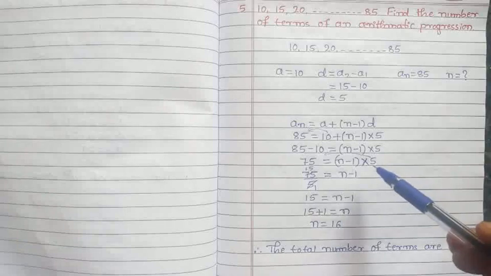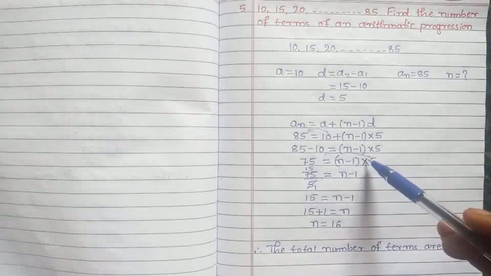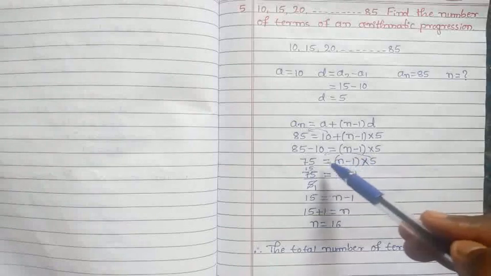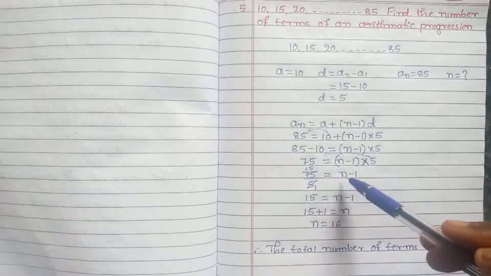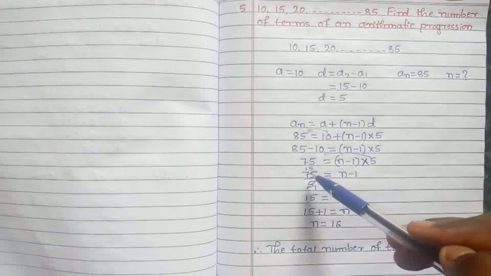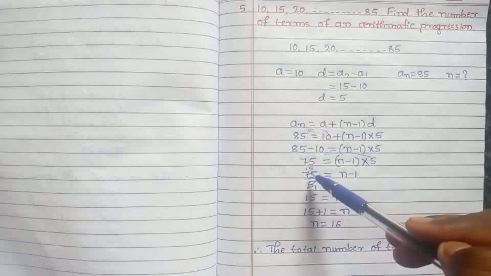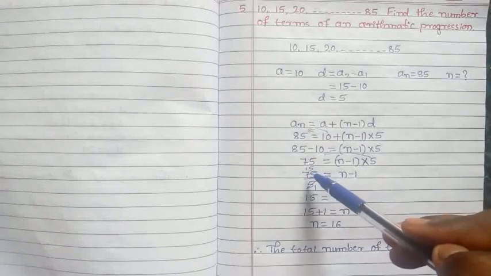Now here we have to send 5 this side. It is connected by a multiplication sign, so it becomes a division. 75 divided by 5 is equal to n minus 1. 5 ones are 5, 2 is remaining, it becomes 25. 5 fives are 25.